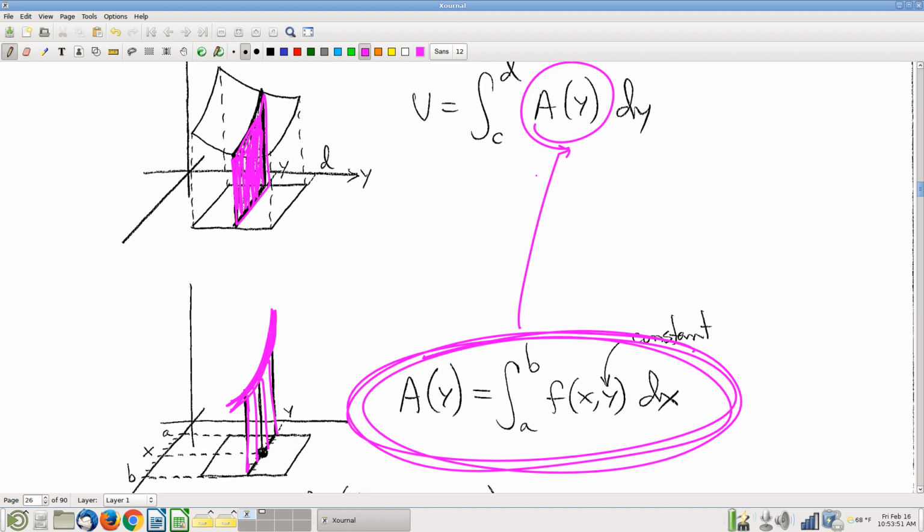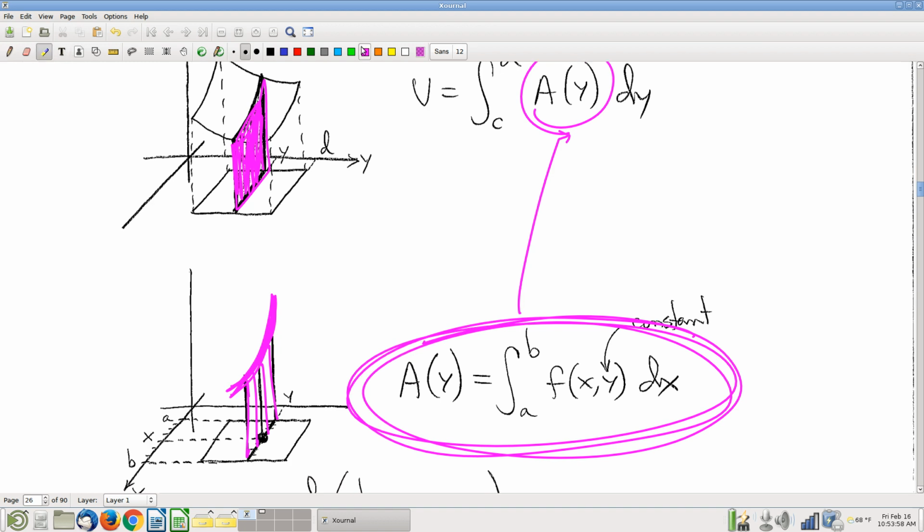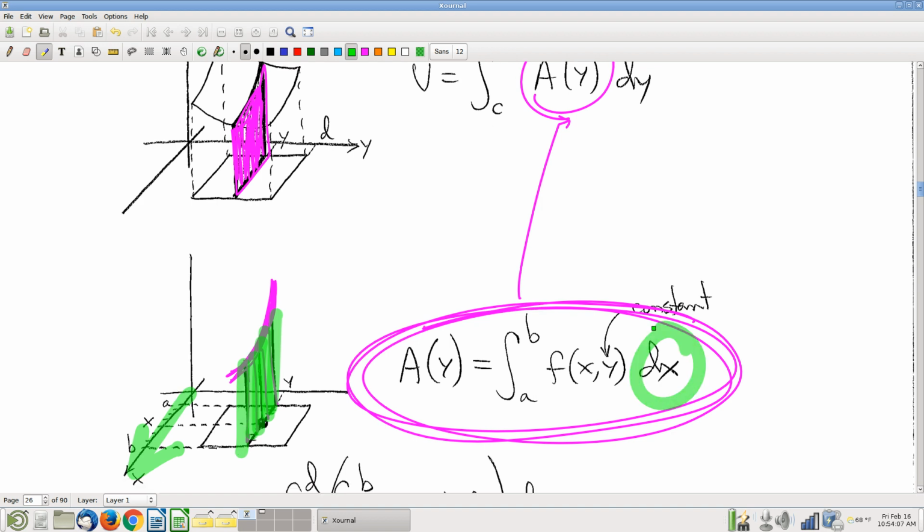Let's think about that integral. I mean, what is this? What is the height as a function of? By the way, what's my variable for this integral? For this integral, you'll notice that I'm going kind of that way. I'm looking at slices that are going in the x direction, so the thickness is going to be dx. The height, that height depends on x.